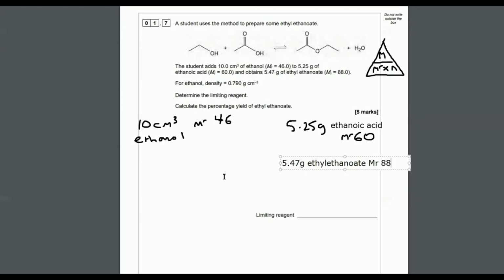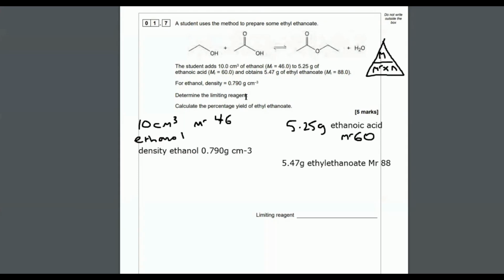What do we want to do here? We're also told the density of the ethanol, so let's put that over here. I'm grouping all my data together. This is just a technique that some of you might find useful, to group your data so you know what you're working out. So I now have the density of the ethanol.